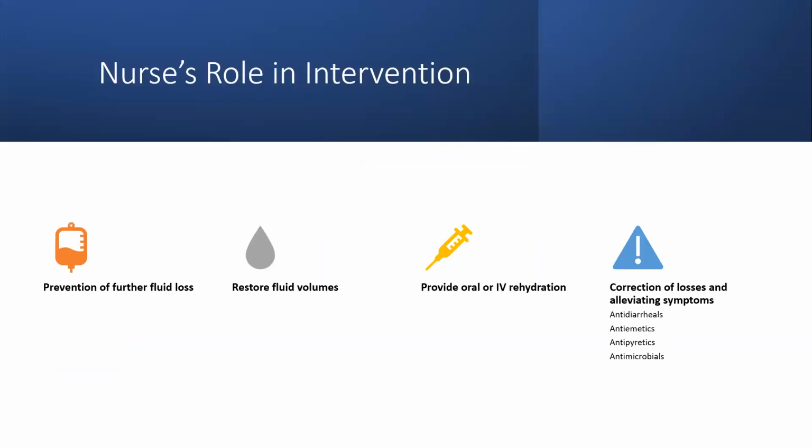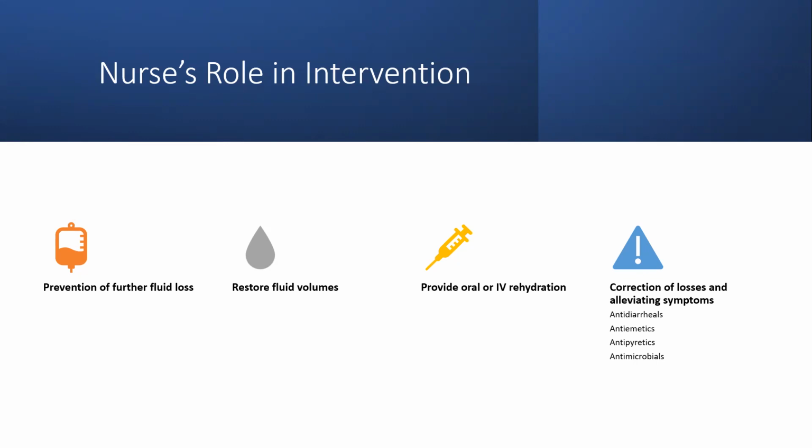So as nurses, our role is pivotal. We need to implement interventions to prevent further fluid loss. And like I said, restore fluid volumes, and we may even have to provide oral and IV hydration.